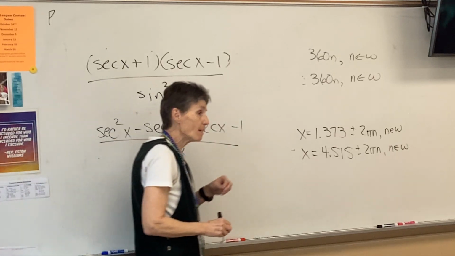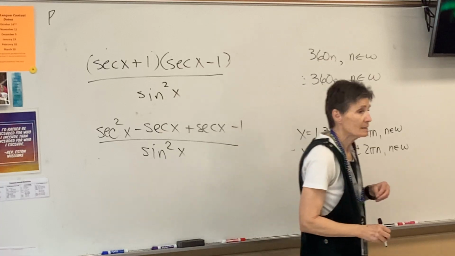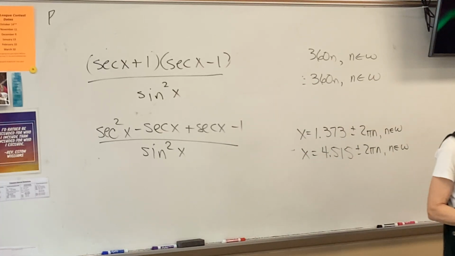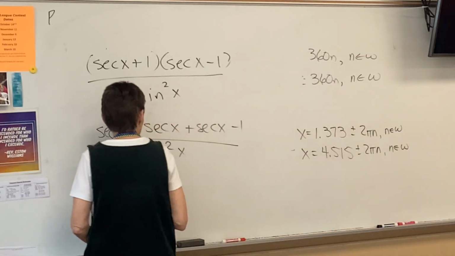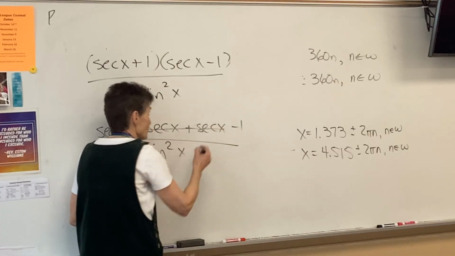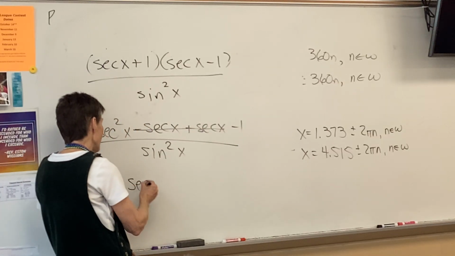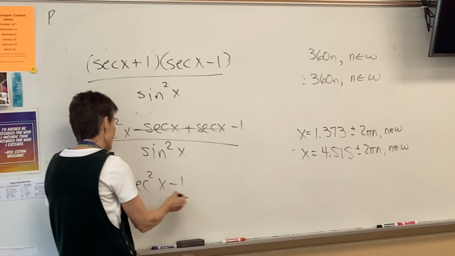So the numerator is two parentheses times each other. When I don't know what else to do, I'm going to FOIL every time. Now, what happens with the FOIL? The middle cancels. So now I'm left with secant squared minus 1.